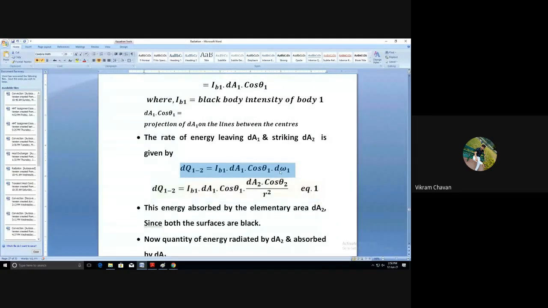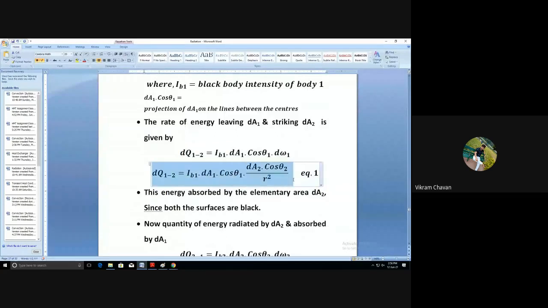And further we have taken the equation for d omega 1, so dq1 to 2 is equal to IB1 multiplied by dA1 multiplied by cos theta 1 multiplied by dA2 multiplied by cos theta 2 divided by r square. That will be considered as equation number 1.